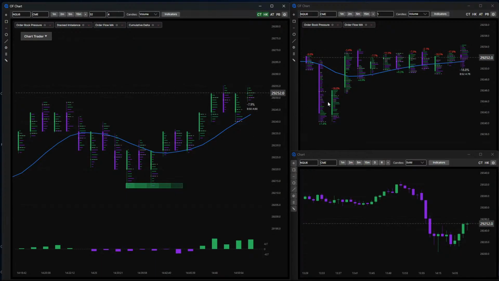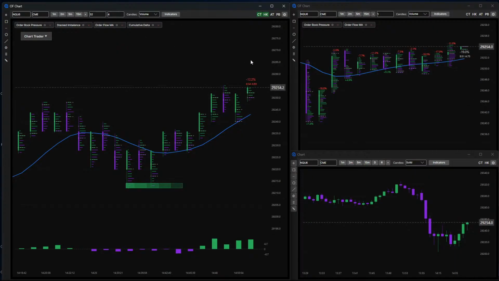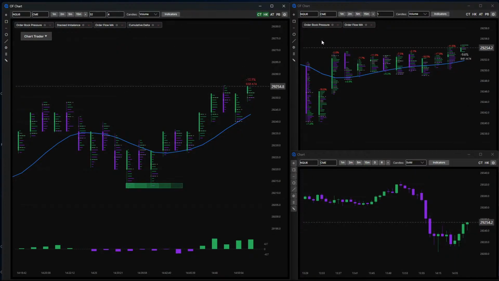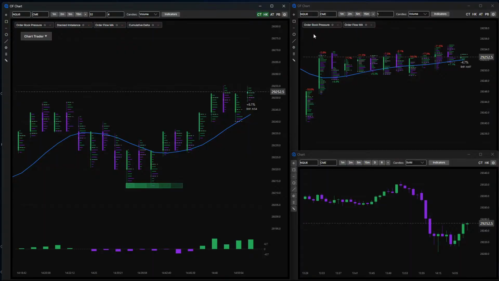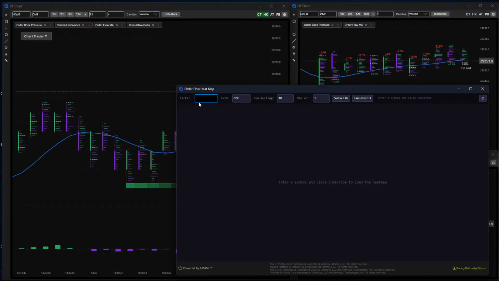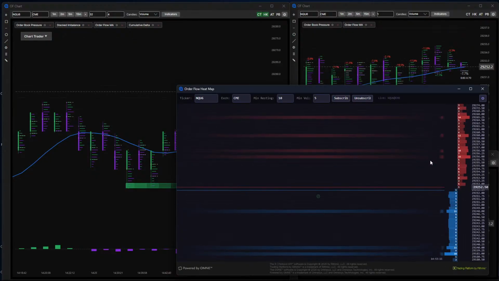And the order book pressure indicator. Maybe I should call it the L2 pressure, or I'll just call it order book pressure. It just gives you the pressure of the order book. Now you got to have level 2. So if you take the heat map here, and let's say you type in NQU6 to subscribe to the data.